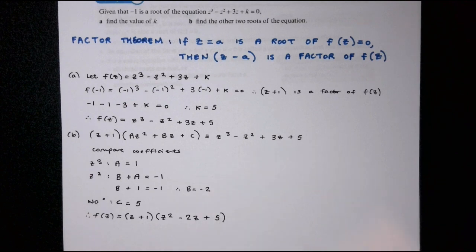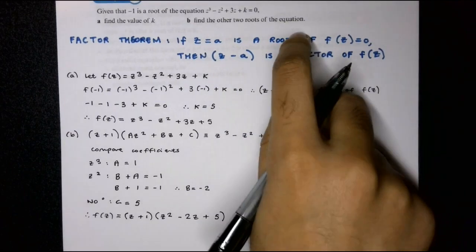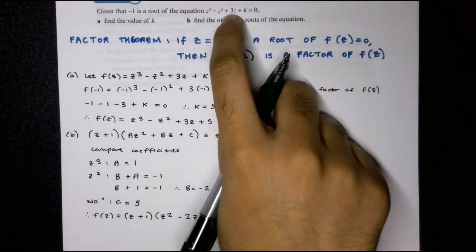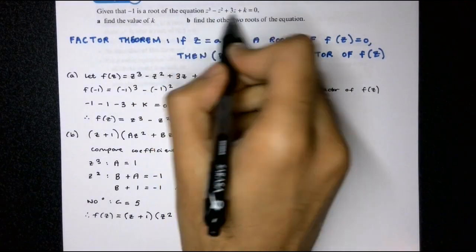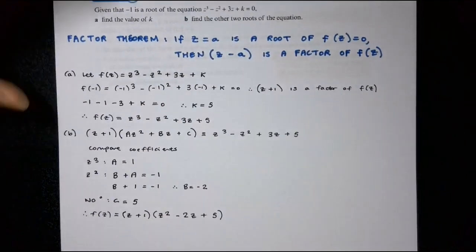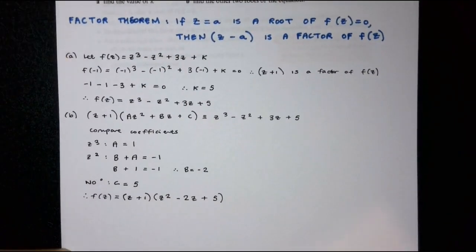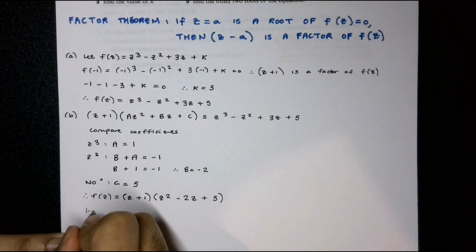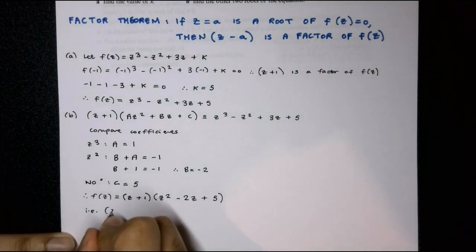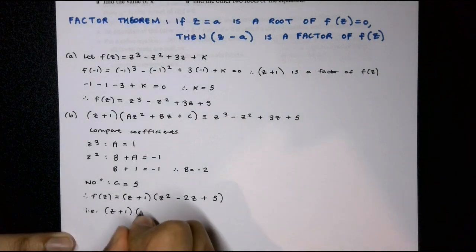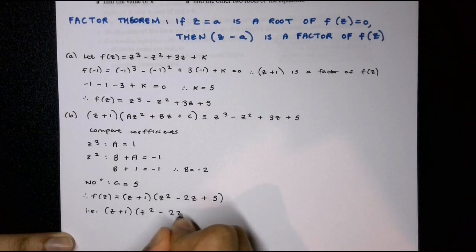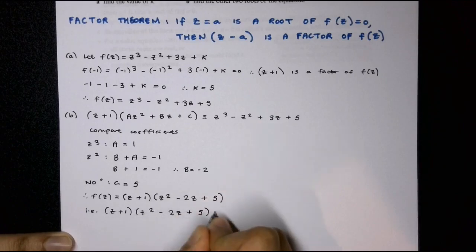Now our goal over here is to solve this equation. So you'll notice we're solving f of z equals 0. So we have z plus 1 lots of z squared minus 2z plus 5 equals 0.